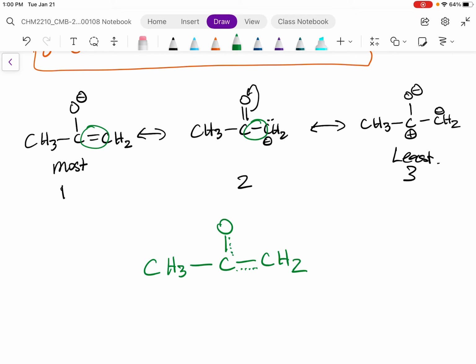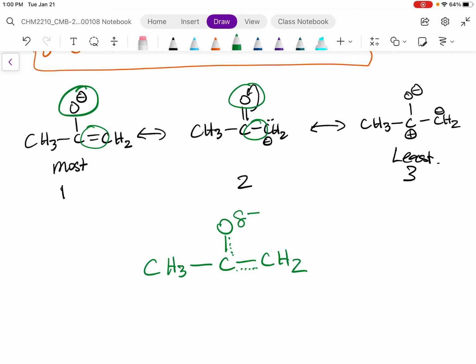Now we have to add in the formal charges. But now it's not a full-blown formal charge, because look, this oxygen right there is negatively charged, but in this structure it's neutral. So how do we represent that in the resonance hybrid? We do a delta symbol like that, and we say, well, that's going to be delta negative.